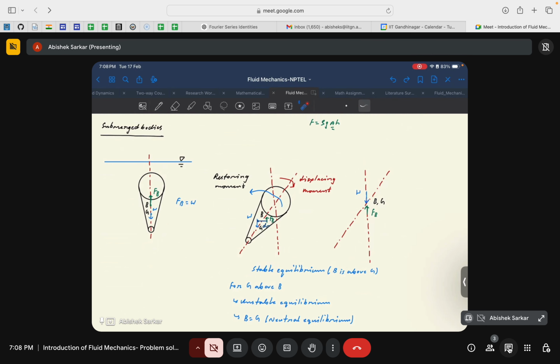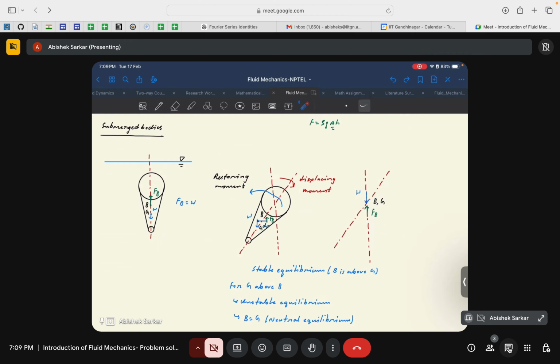I don't know if I could show it here or not, but maybe I can leave it to you as an exercise to show how the configuration where the center of gravity is above the center of buoyancy generates an unstable equilibrium for submerged bodies.